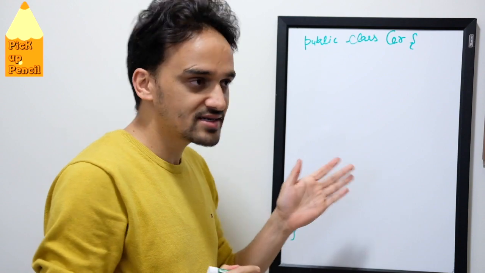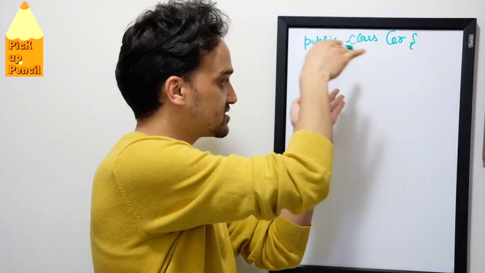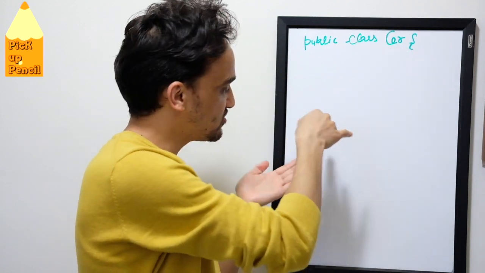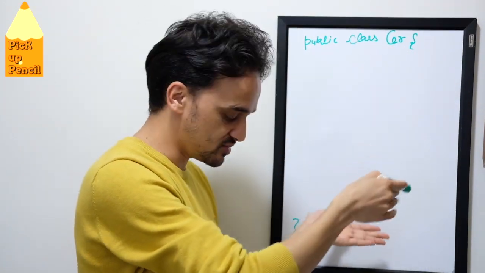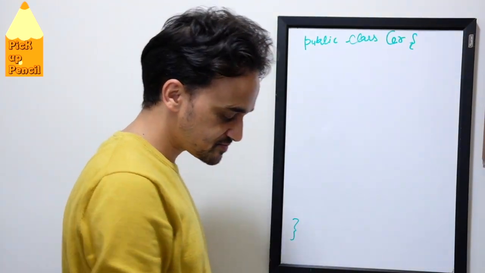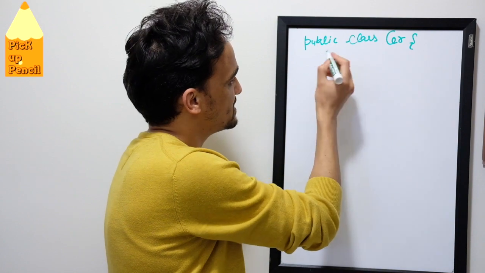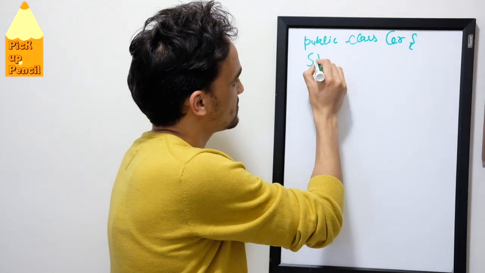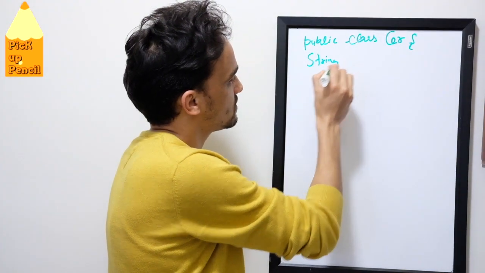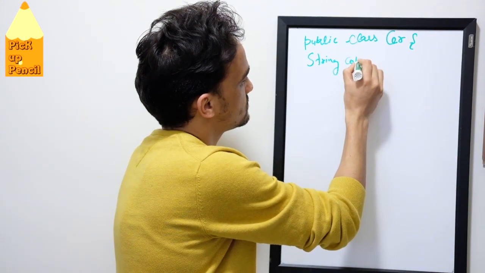We have just learned that a class consists of data members, like the fields or the state, and the behavior, meaning the functions or methods. For the car, let's take properties: String color.